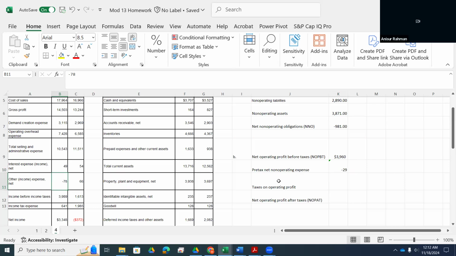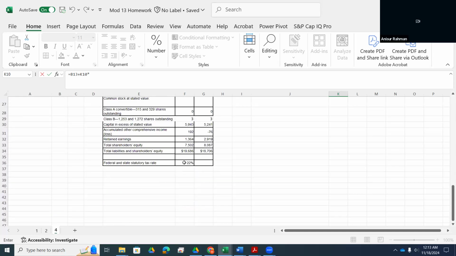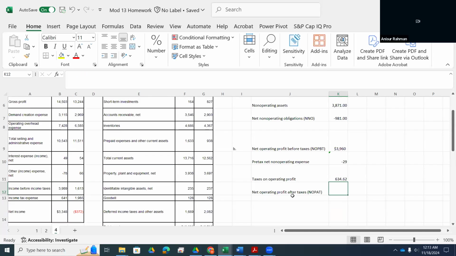Otherwise, it is an expense. Now, taxes on operating profit is equal to our tax expense plus our pre-tax net operating expense multiplied by our tax rate, which is 22%. Net operating profit after taxes is net operating profit before tax minus taxes on operating profit. Again, 2 decimals.